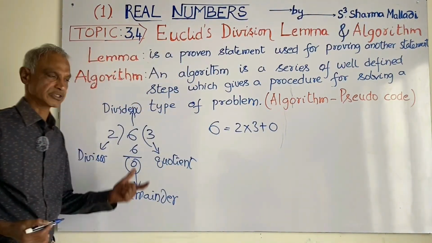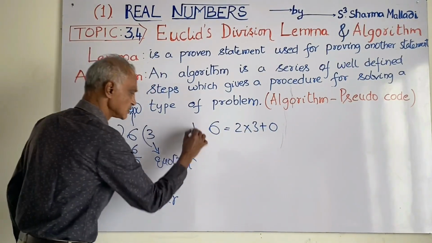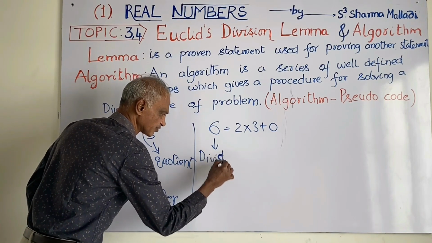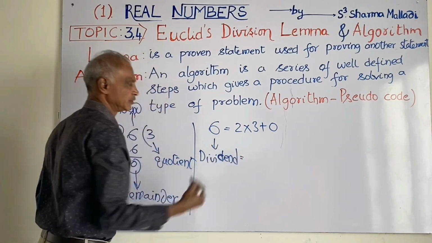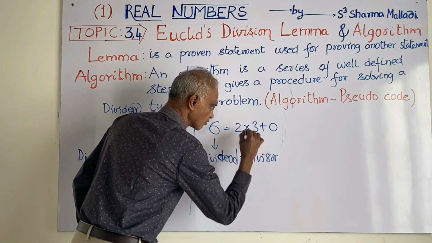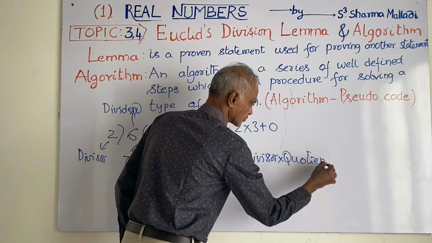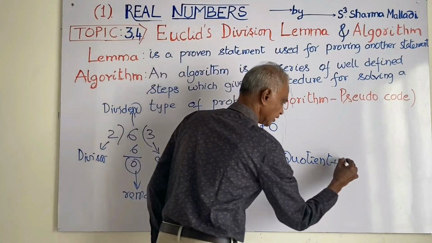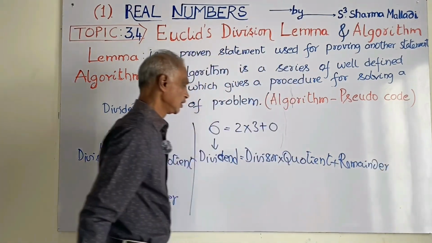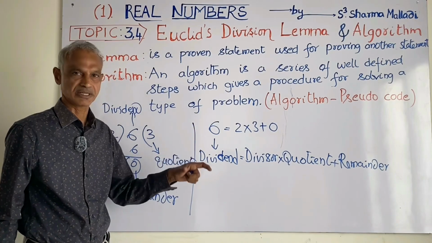What is the remainder here? 0. 2 threes are 6, plus 0, you will get 6. 6 is the dividend, 2 is the divisor, 3 is the quotient, and 0 is the remainder. Now you should understand: dividend is equal to divisor into quotient plus remainder.